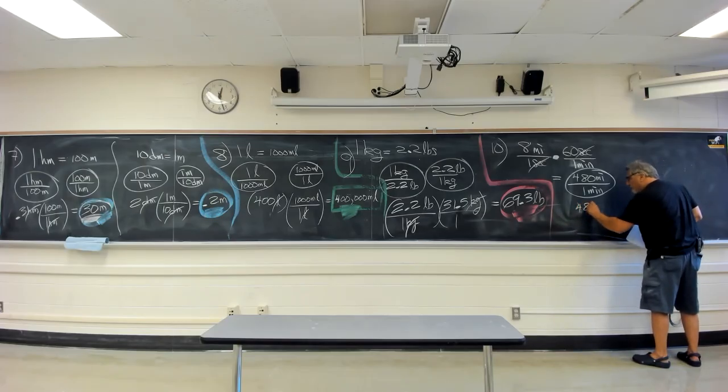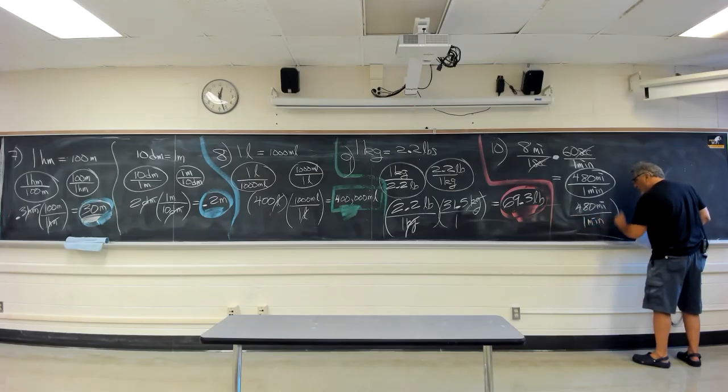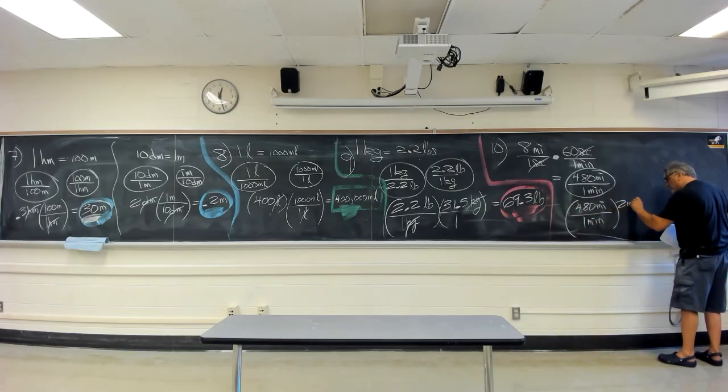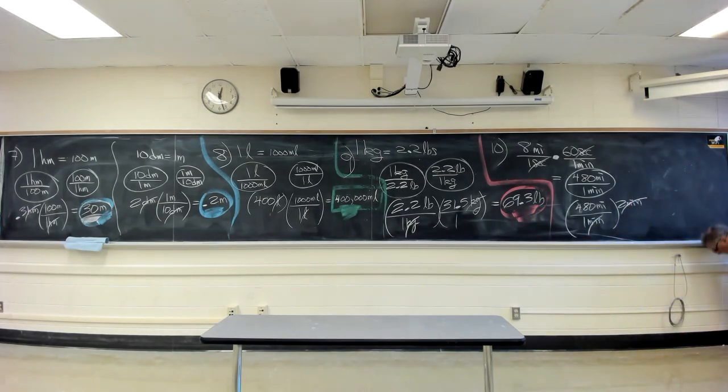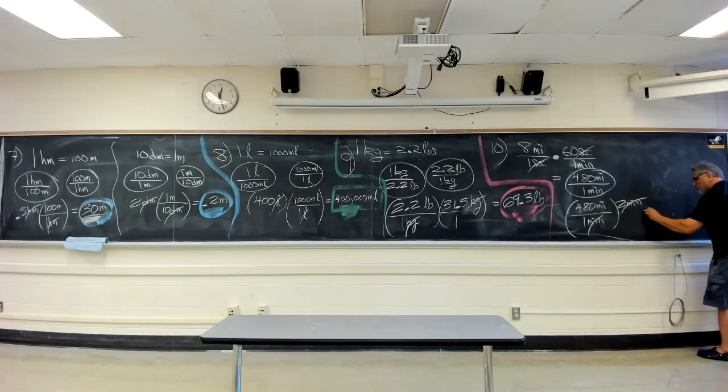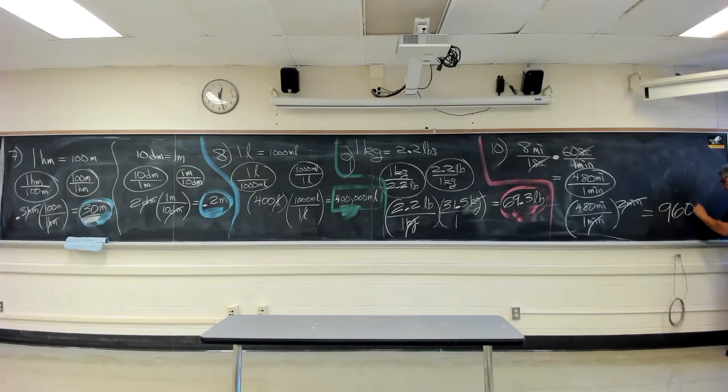At that point, you got 480 miles for every 1 minute, and you're going to travel for 2 minutes. 960 miles. Okay, so all the conversions are there.